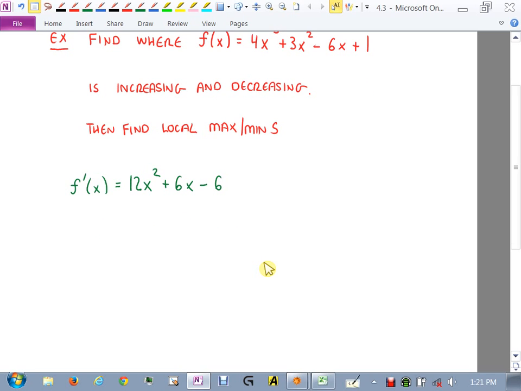And so now I ask myself, when is it positive and when is it negative? The easiest way to figure out where a function is positive and negative is to first figure out where it's 0. So tell me first where the derivative is 0. So set it to 0.